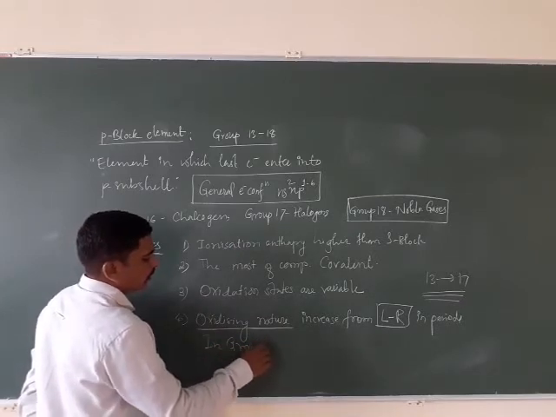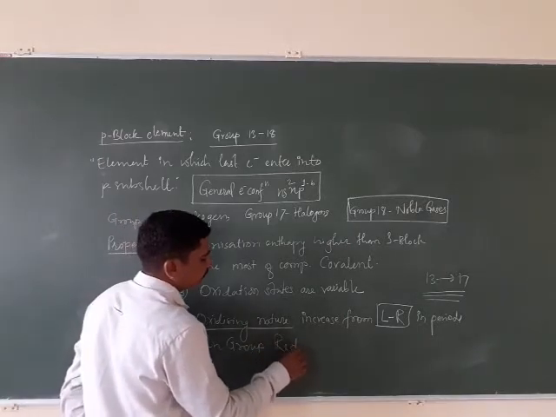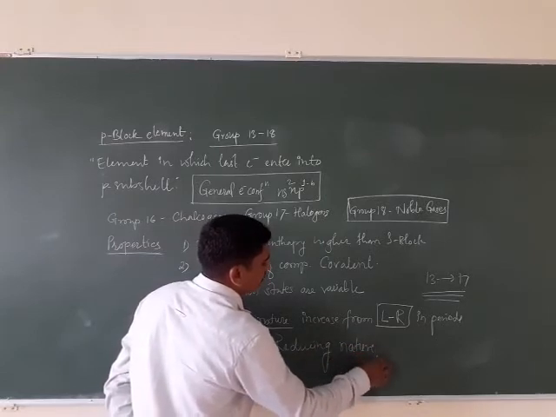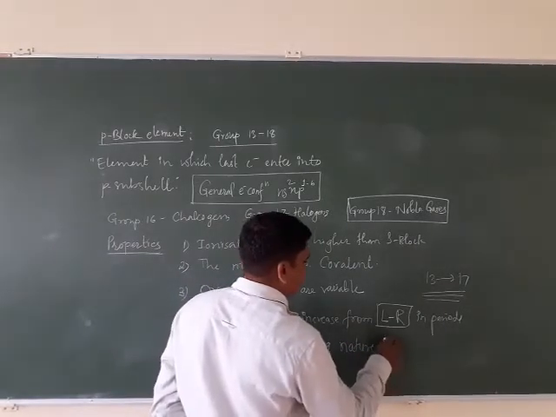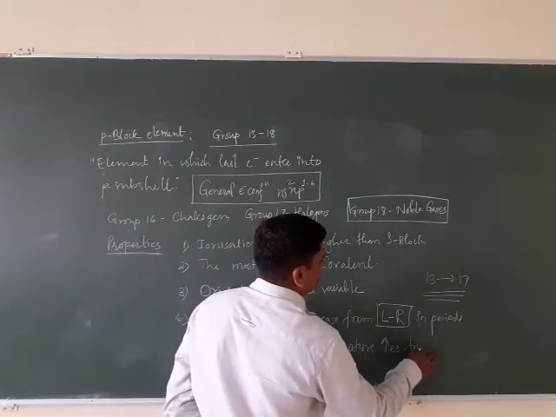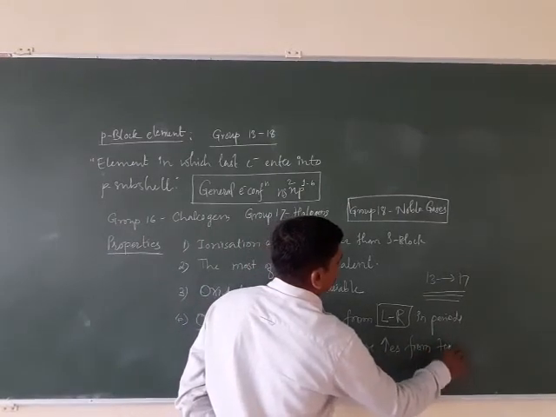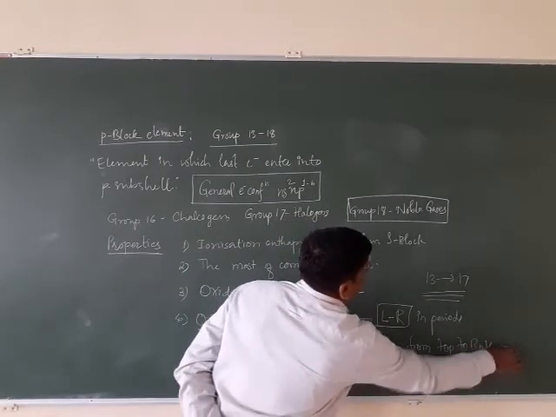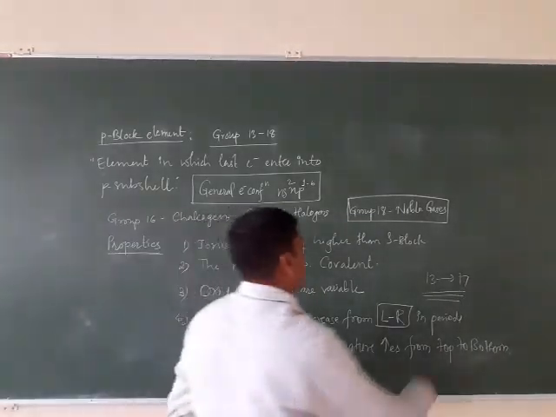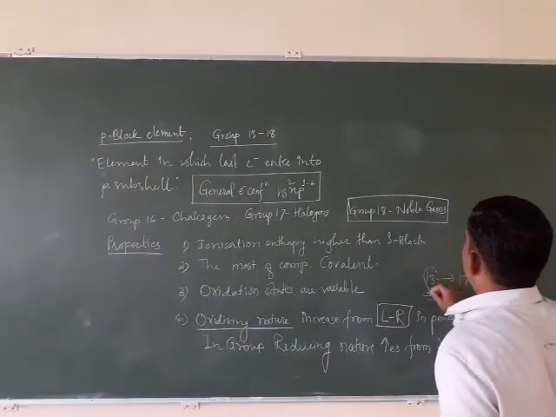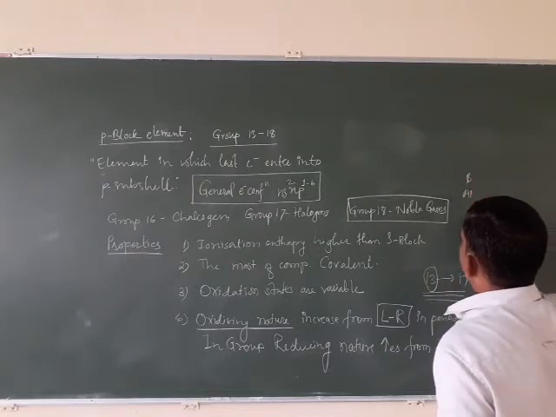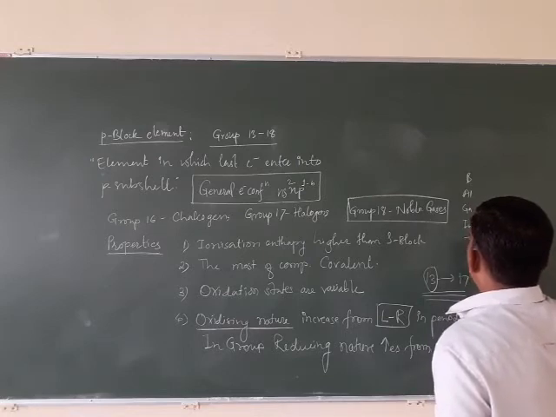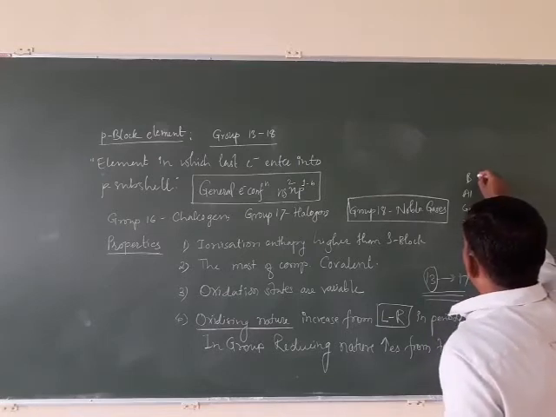And whenever we move down a group, what happens? In the group, reducing nature increases from top to bottom. For example, in group 13, this is boron, aluminium, gallium, indium, and thallium.